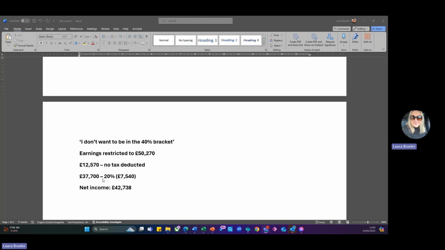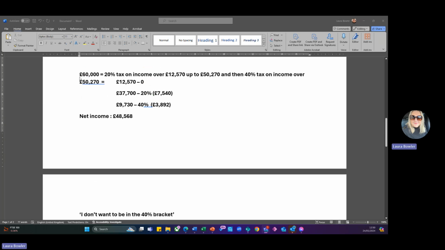And we also know we will pay 20% tax on the next 37,700. The total then gets us to 50,270. So when we take off that 20% tax, which is 7,540, our net income after tax is 42,738. So because we don't want to go into the 40% tax bracket, our net income after tax is going to be restricted to 42,738.